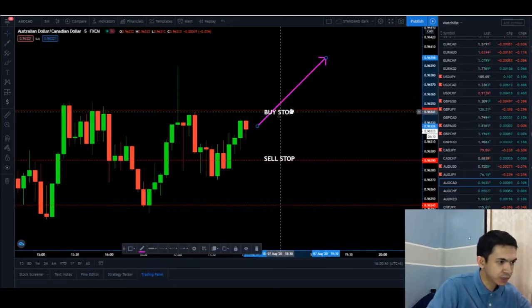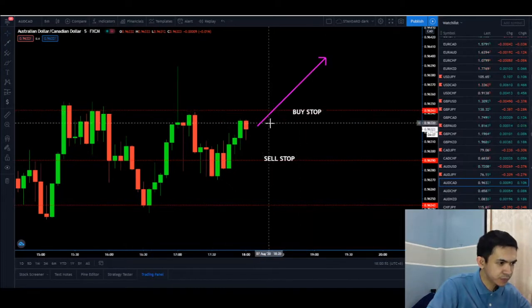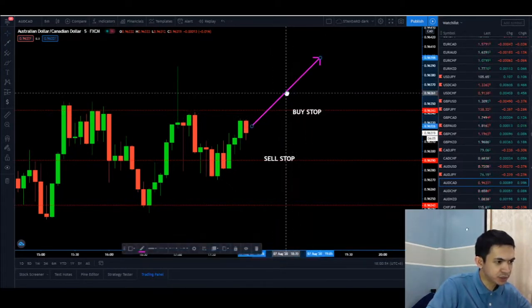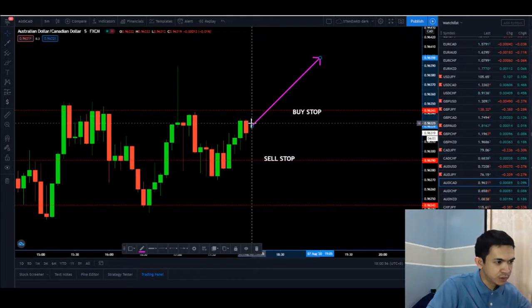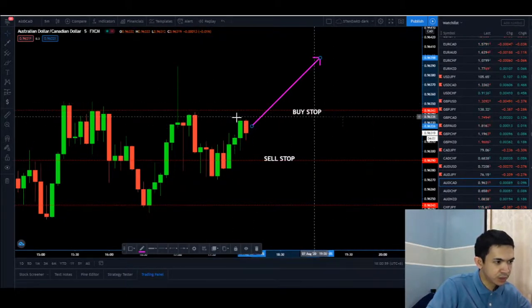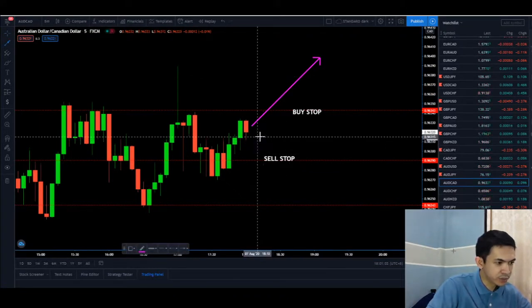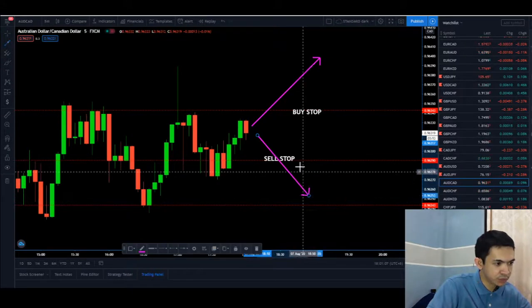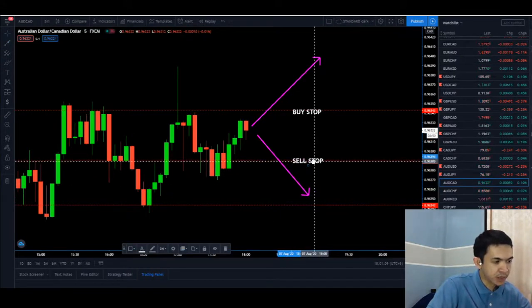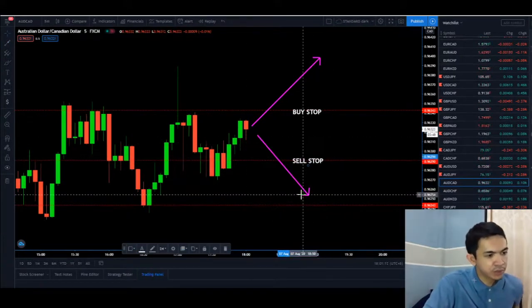So you're expecting the price to pass through your buy stop order, right? On the other hand, for a sell stop, you're anticipating the price to continuously move down, so you're placing a sell stop order below the current price.